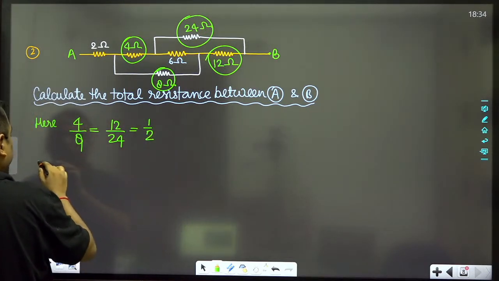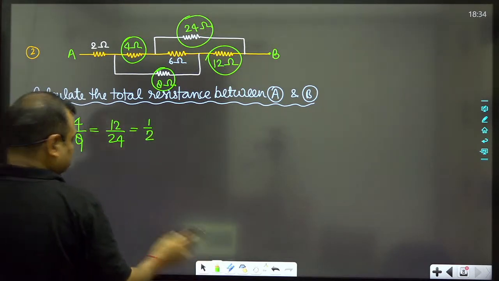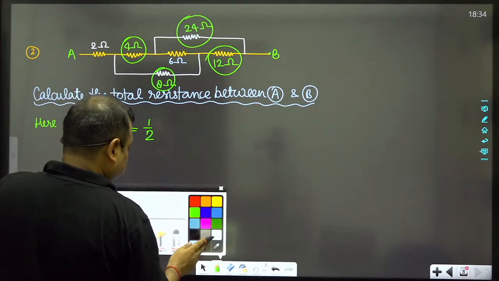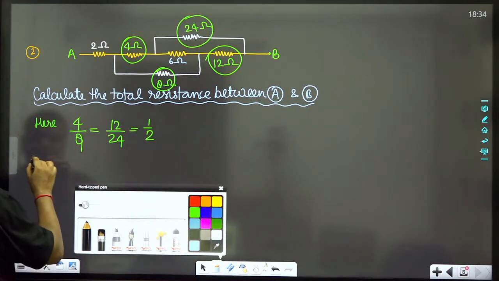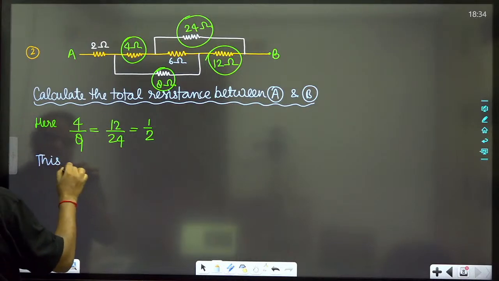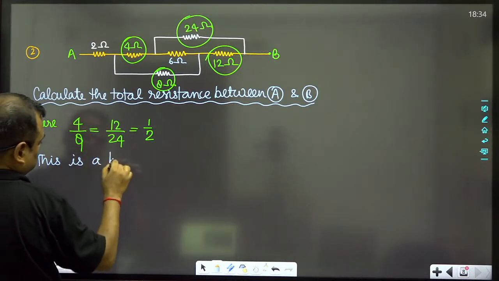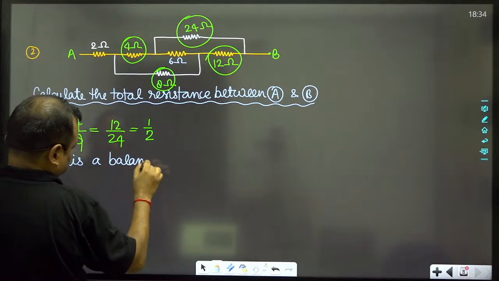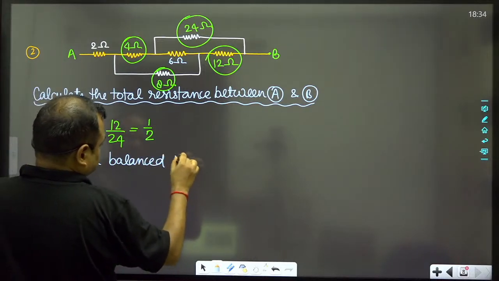So here we can say that this is a Wheatstone bridge, a balanced Wheatstone bridge.